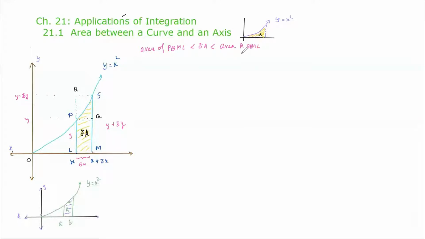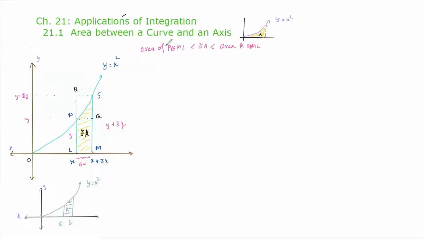Then the area of PQR. This one is true without proof, correct? Because PQML is less than delta A, the yellow area, and delta A is less than the area of RSML. Okay, this one is true without proof.